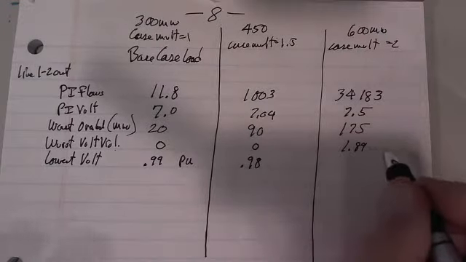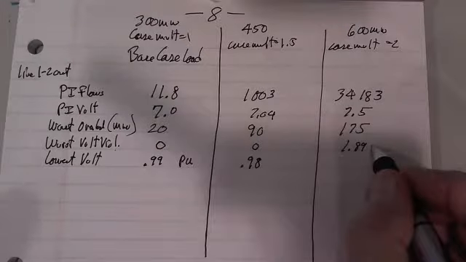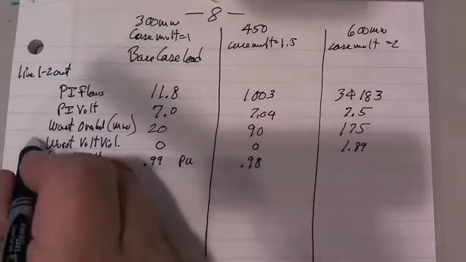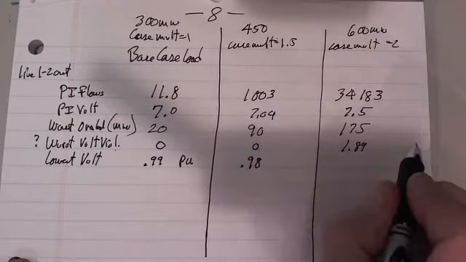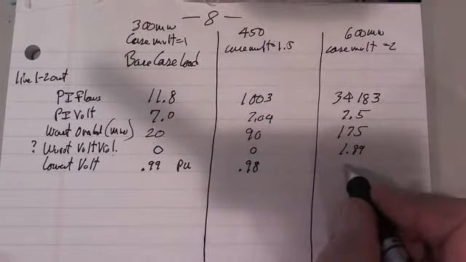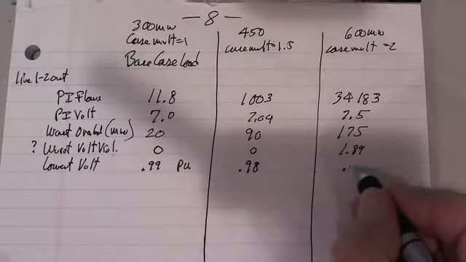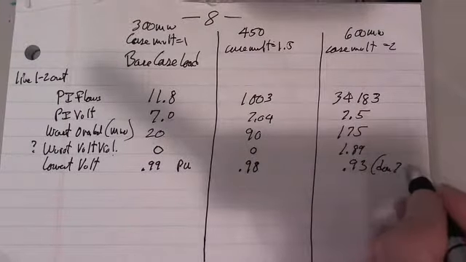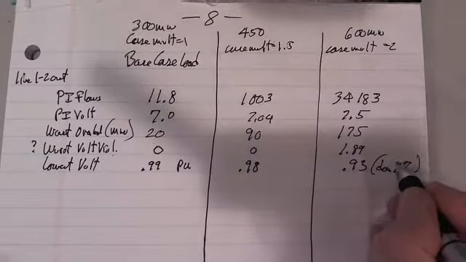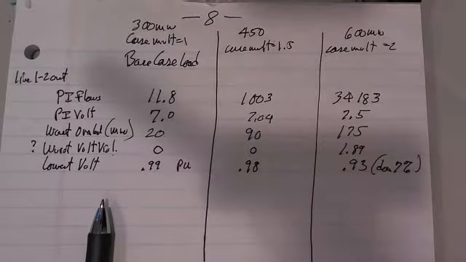I think that's... I'm going to put a question mark. I've got to look at this and maybe explain it or get the program going a little bit. But the lowest voltage is 0.93. So this is down 7%. And if we're worrying about 5%, a 7% voltage drop, the system is in trouble. It is in real trouble.